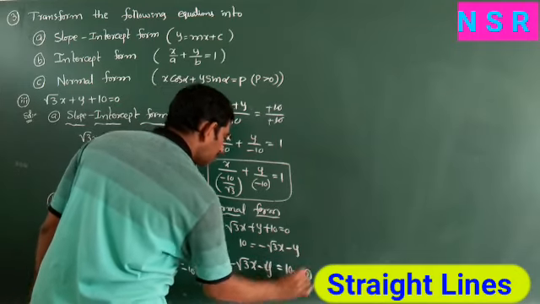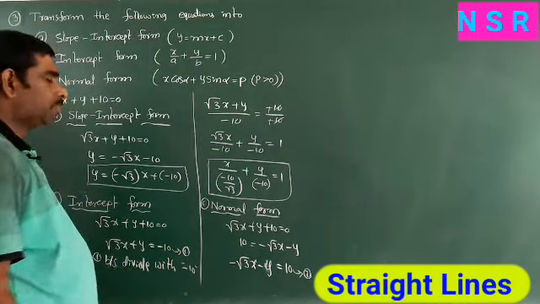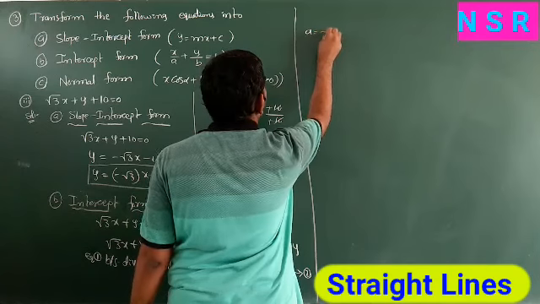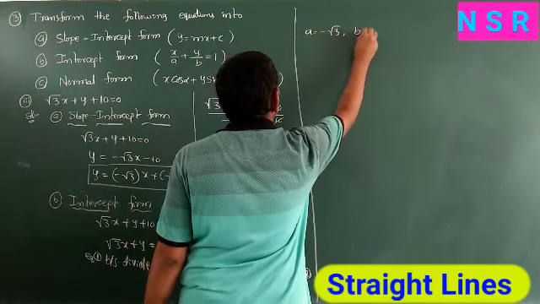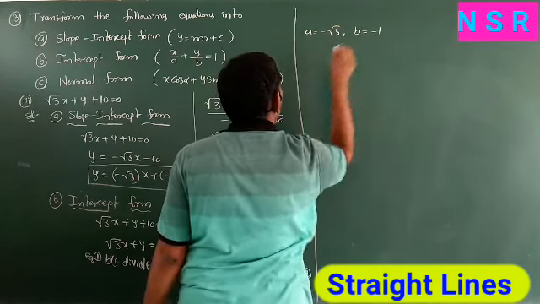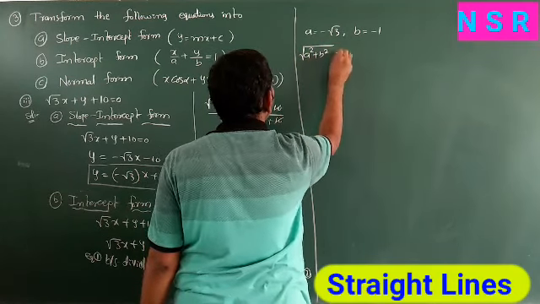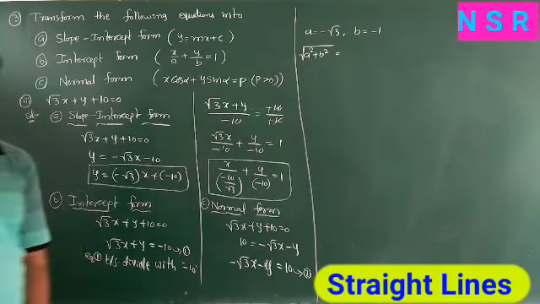Take it as equation number 2. Now compare with ax plus by plus c, we get a equal to minus root 3 and b is equal to minus 1.